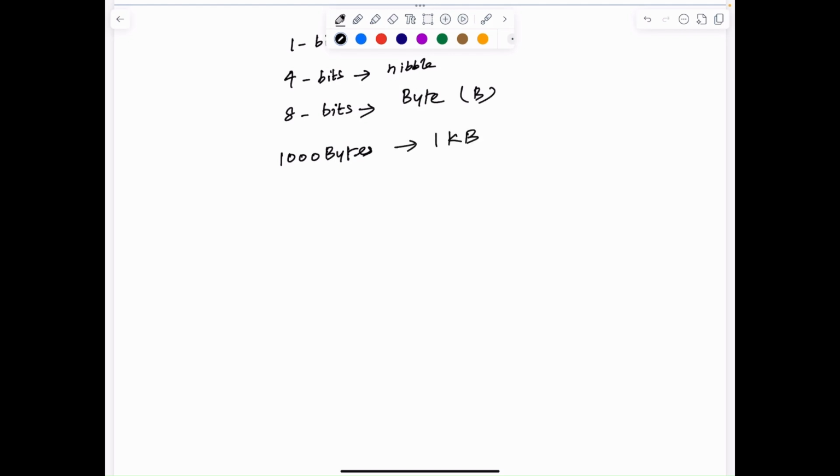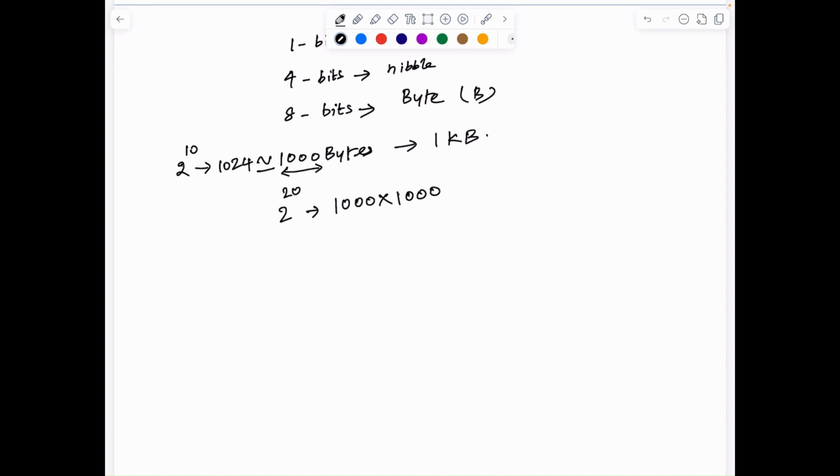And then if we have 4 bits, that's called a nibble. And then if you have 8 bits, it's called a byte, right? Big byte. And then if you have 1,000 bytes, it's called 1 kilobyte.